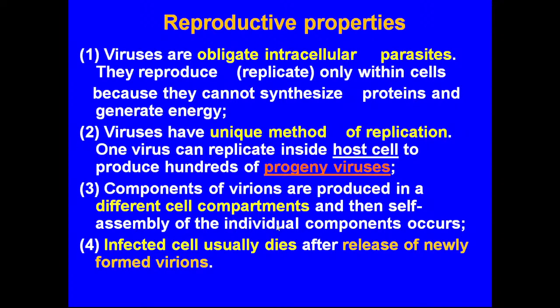Cyto is cell, lysis is destruction, right? So, cytolytic viruses. But then we may have viruses that are not so dangerous for the cell, so they may be released over a while by the cell one by one, so the cell won't die immediately. You call them non-cytolytic viruses.